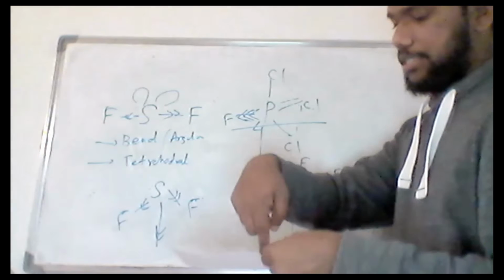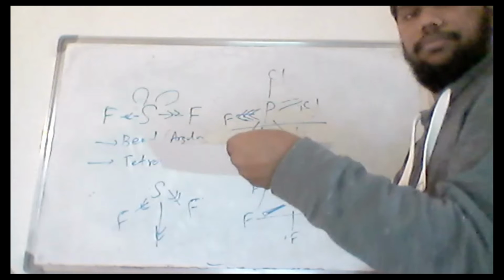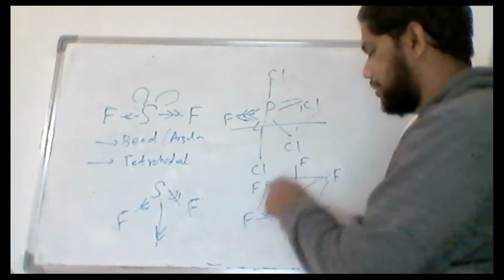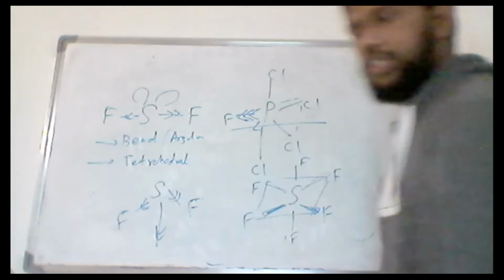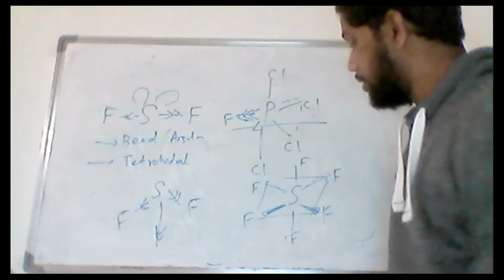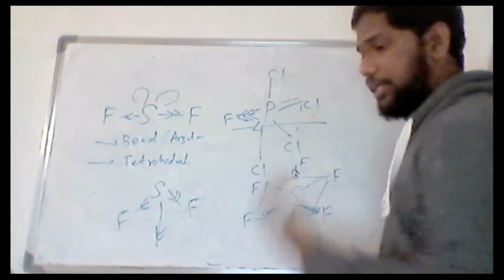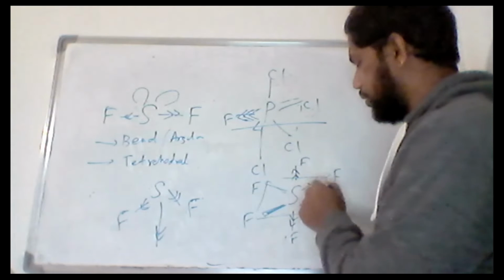And there is a bond on top and a bond on bottom. So 4 atoms are in the plane like this, and there will be one bond on top, one bond on bottom. So if you check the forces based on the electronegativity difference, this will pull like this, but in the opposite there is another same atom. This will pull like this. This will pull this.